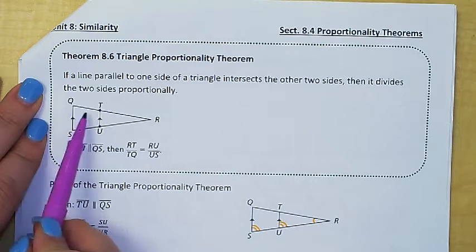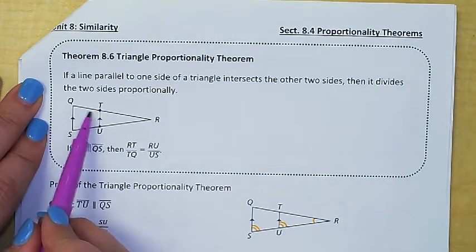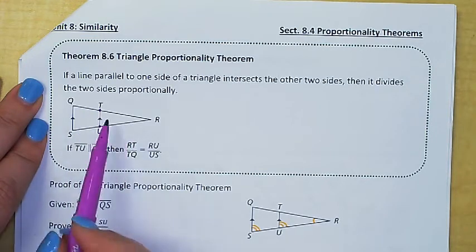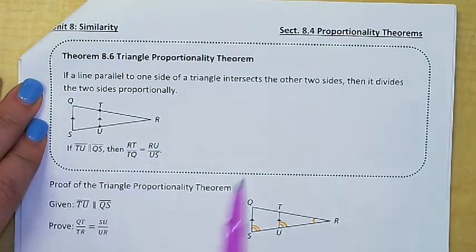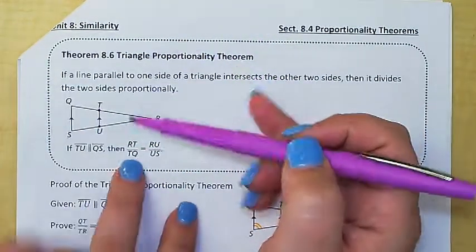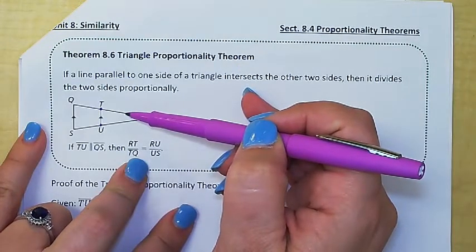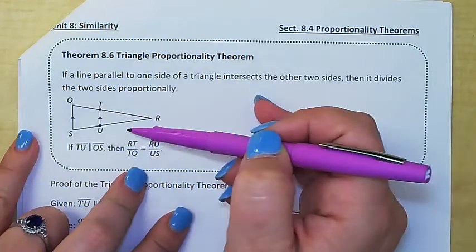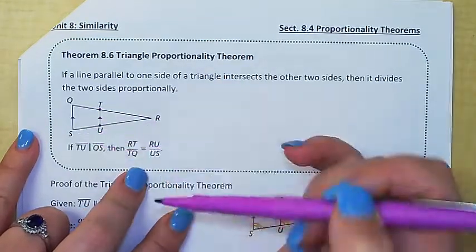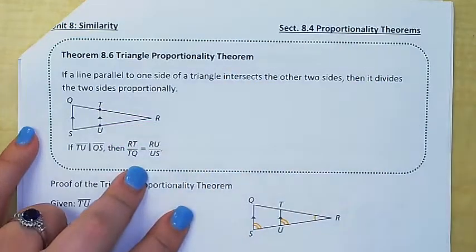So QT here isn't really a side, but it is a segment that is divided up by point T, just like SU is divided by U, and these end up being proportional to each other. So you could set up a proportion that says RT is to TQ as RU is to US. And you could do it this way and this way, or this way and this way. So we'll see a little bit of that.